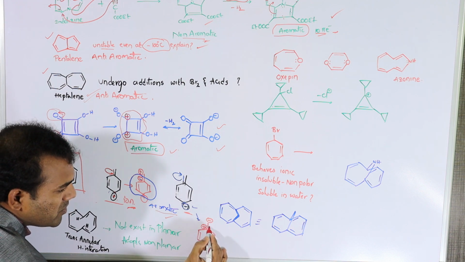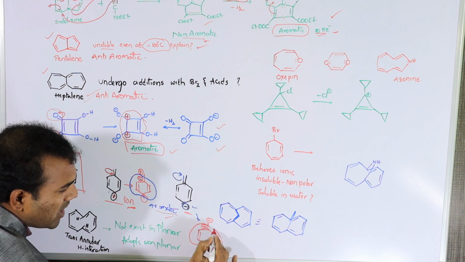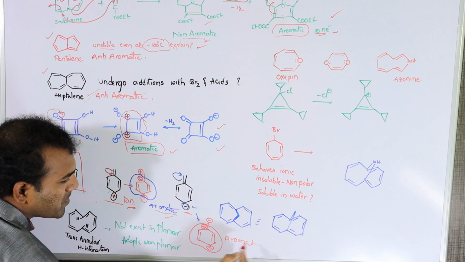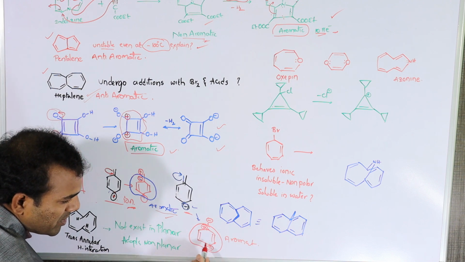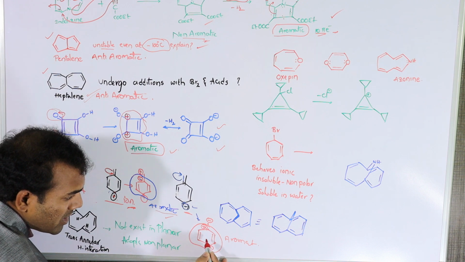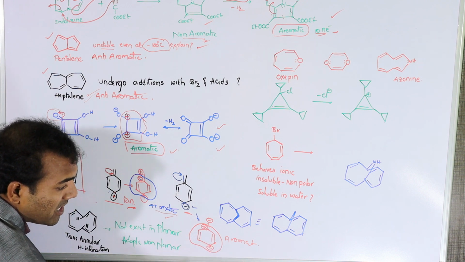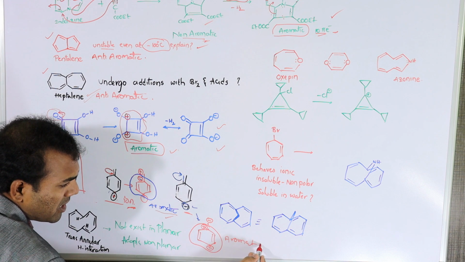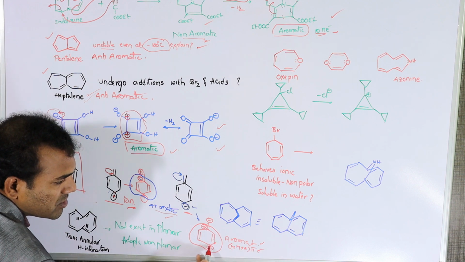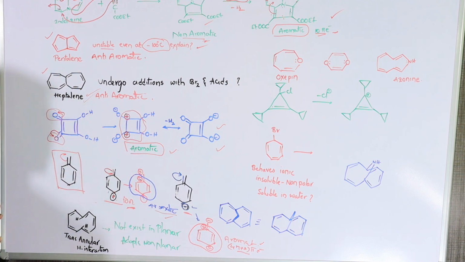This compound is also an aromatic compound because here also there is a possibility of delocalization of pi electrons, it is planar, and there are no sp3 carbon atoms. Finally it satisfies the 4n plus 2 pi electron rule. There are 6 electrons. So it is an aromatic compound.